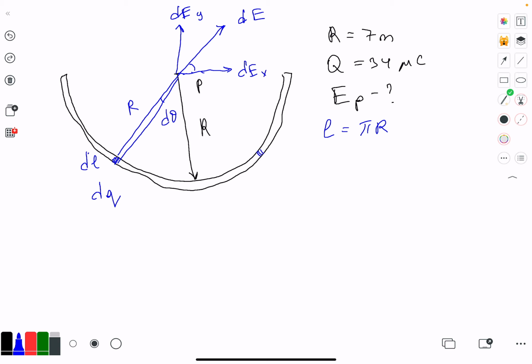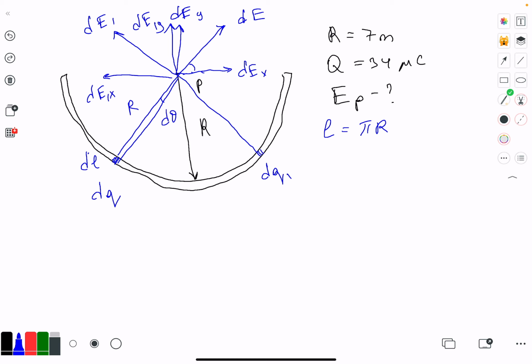Now if you do the same thing at the same distance at this point, this dq1 will make the same electric field dE1, and this dE1 will have two components, dE1y and dE1x.